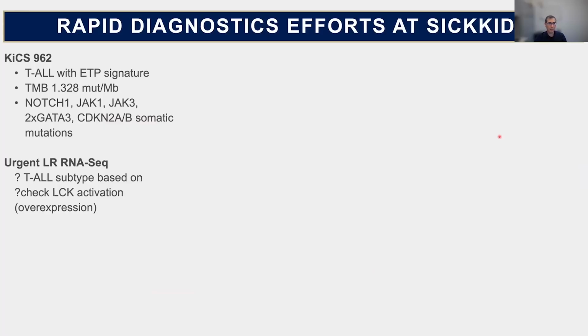And just to show you a couple examples, here is a patient enrolled in our precision medicine program, a young child with a TALL and a particular signature. By DNA analysis of our cancer panel, we found their TMB to be not elevated. They did have specific actionable variants that are shown over here. And what the oncologist really wanted to know was whether they had a specific subtype based on LCK overactivation.